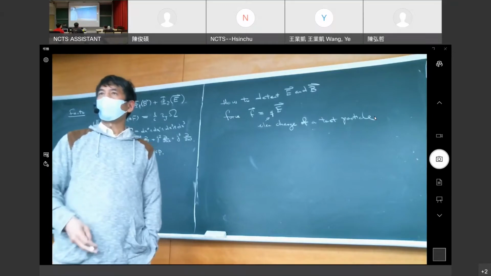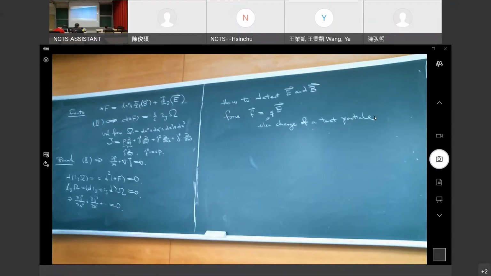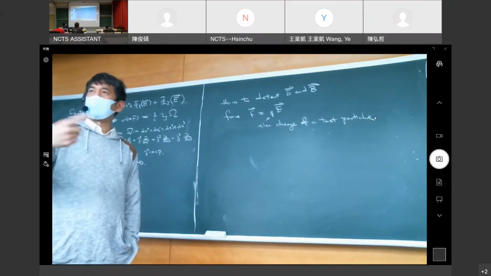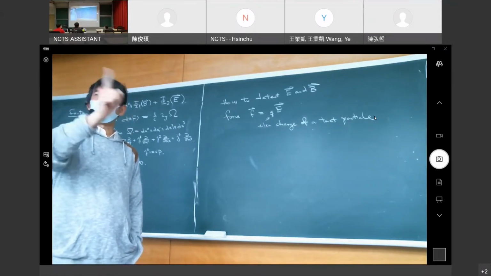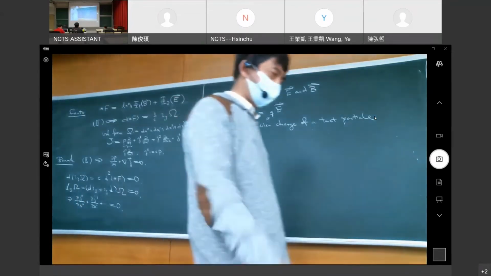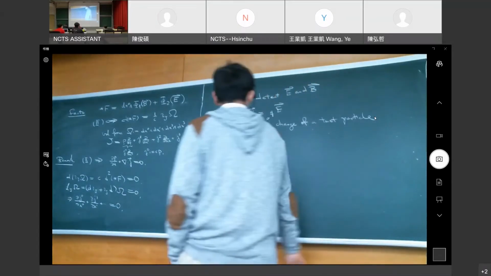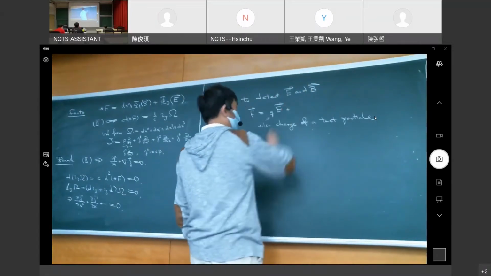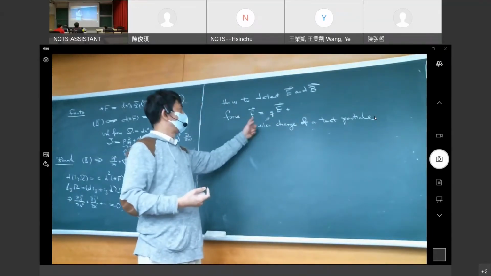Now, how do we detect the magnetic field? Well, in high school, we know that if we have a small segment of electric current, then it feels another force, and if we orient our electric current in an appropriate direction, then we know the magnetic field. But equivalently, we can put the particle in motion. The same particle, if it is at rest, we already know the electric field.